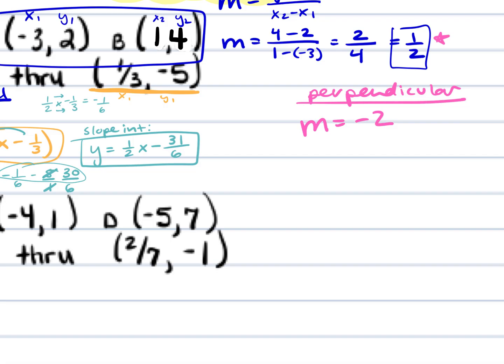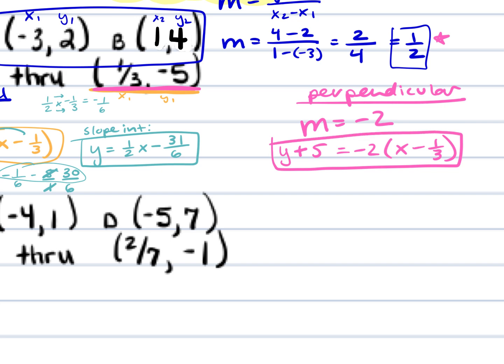So now let's put that into point slope form. I'm using the third point that we were given here. So we have y minus negative 5, so y plus 5 is equal to negative 2 times x minus 1/3. So this would be a perfectly fine answer in point slope form.